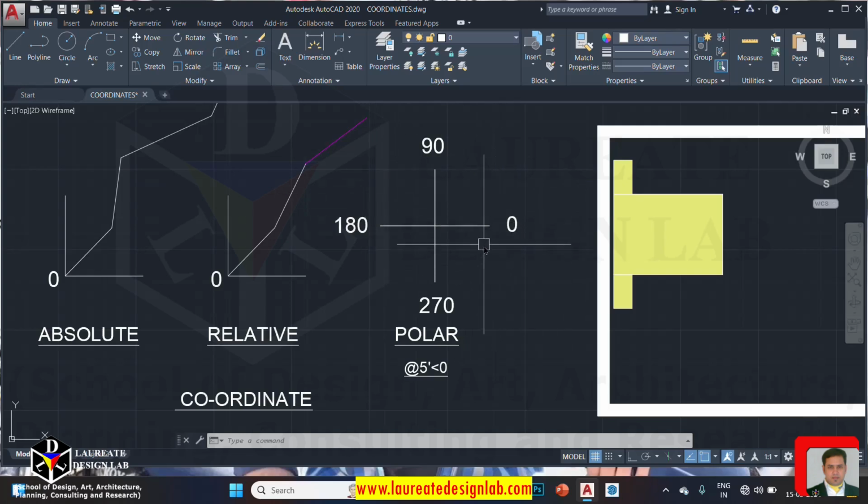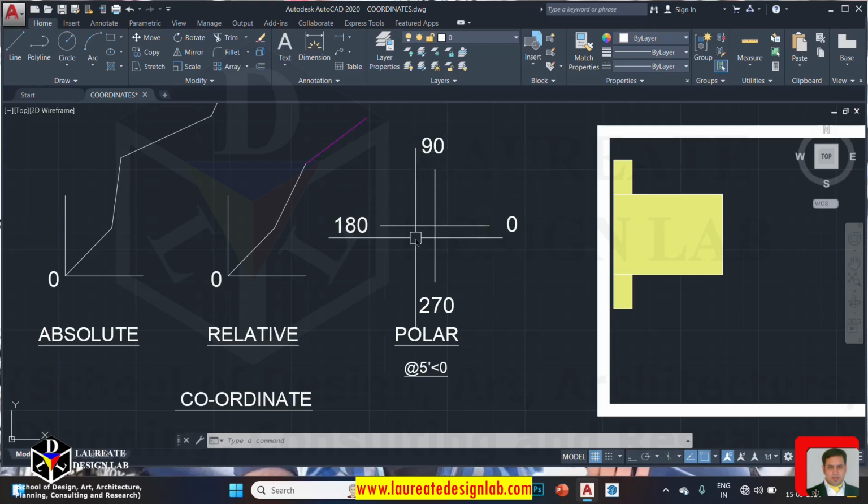So one important thing you have learned is that 0 will be on the right side, 180 will be on the left side, upside 90, downside 270. Second important thing you have learned here is that you will have to start your angle every time from 0 anti-clockwise. Got the point? This is a matter of concept.